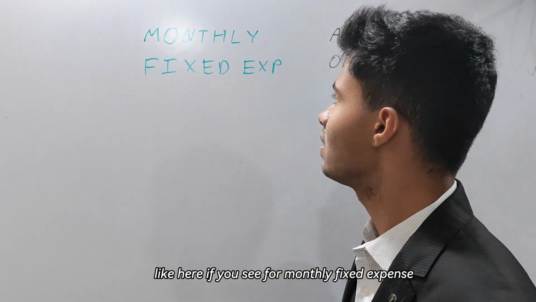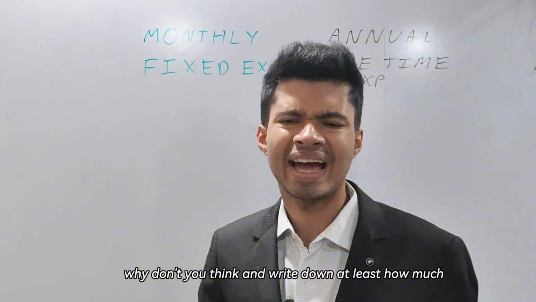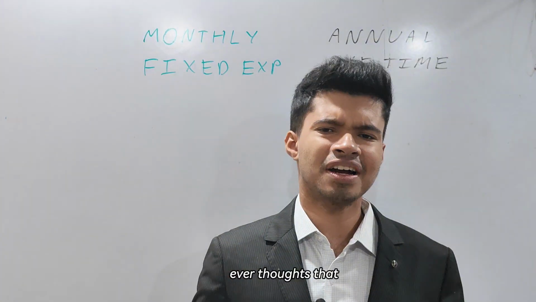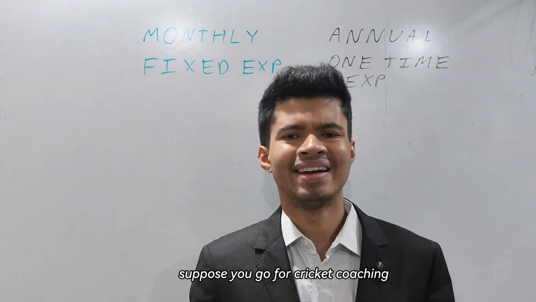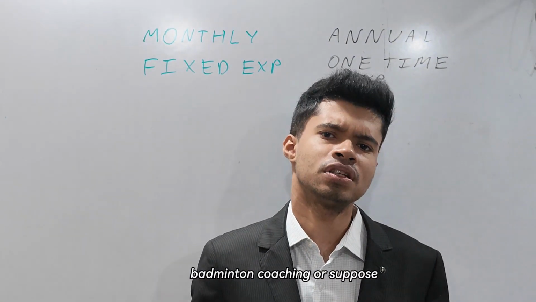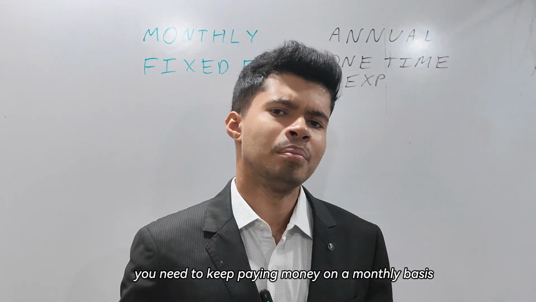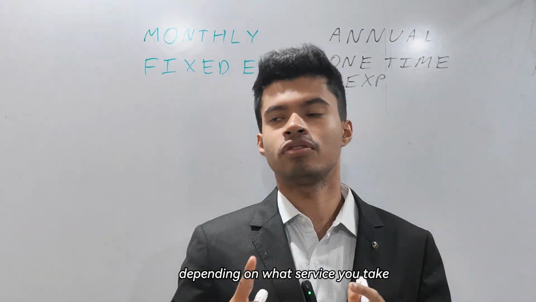Like here, for monthly fixed expense, why don't you think and write down whatever thoughts come to your brain? What are the monthly fixed expenses? Suppose you go for cricket coaching or badminton coaching, or you need to keep paying money on a monthly basis. Now, whom do you need to pay depending on what service you take?